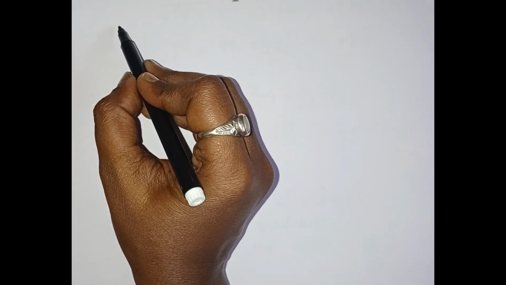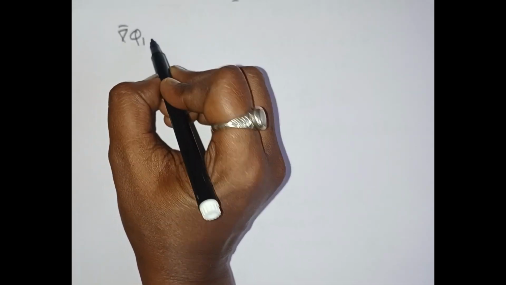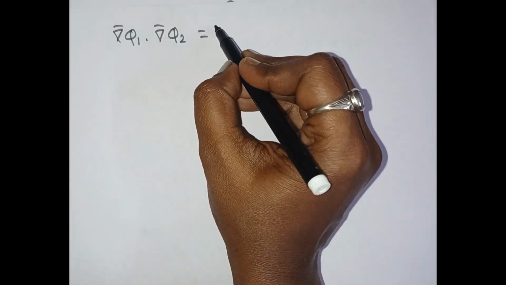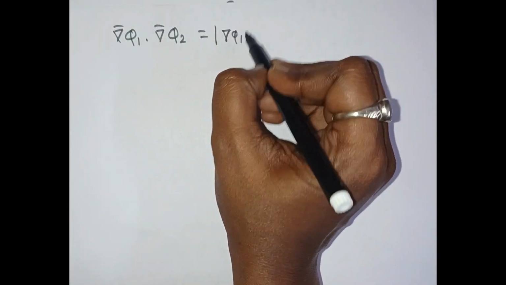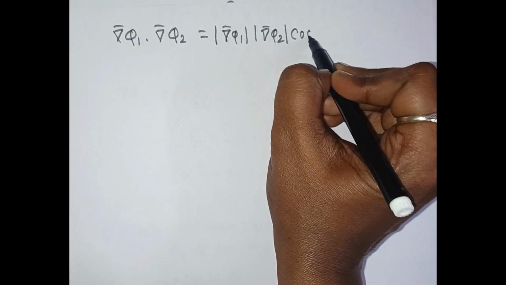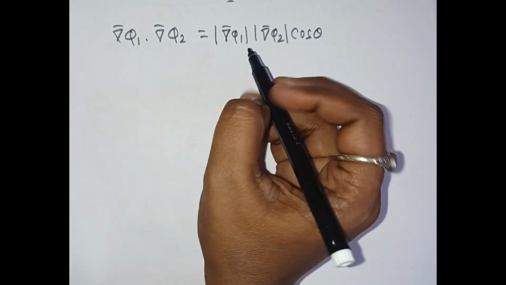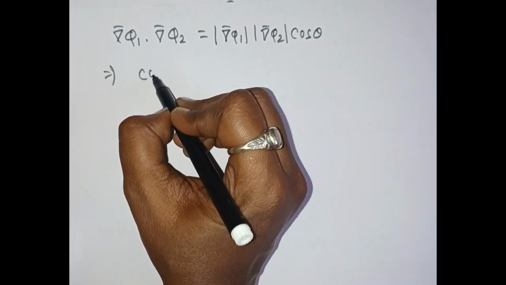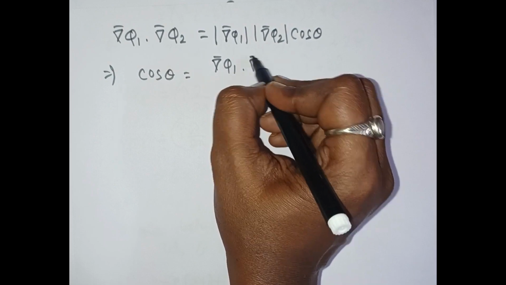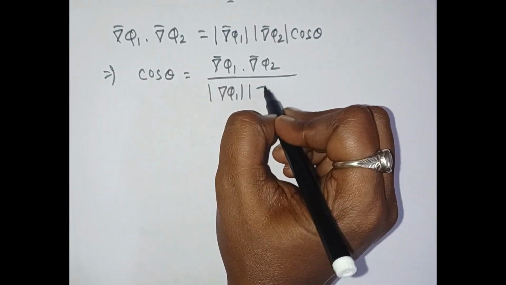If theta is the angle, then grad phi 1 dot grad phi 2 is equal to the absolute value of grad phi 1, absolute value of grad phi 2, times cos theta, where theta is the angle between these two. So we can write cos theta equals grad phi 1 dot grad phi 2 divided by the absolute value of grad phi 1 times grad phi 2.